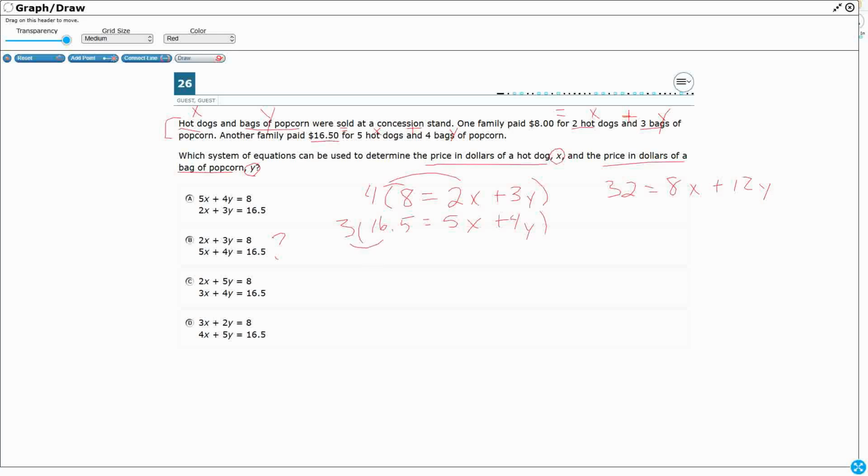And then 16.50 times 3 is going to be 49.50 equals 15x plus 12y. Okay, so we're just going to subtract this whole thing here.